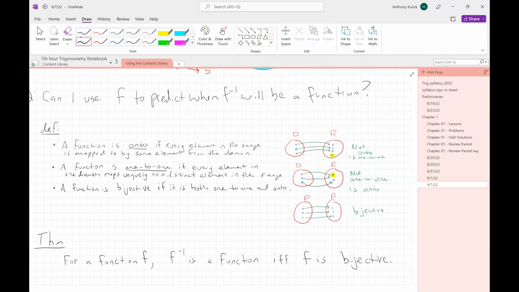So for a function f, we can say f inverse is a function if and only if f is bijective. So if my function f is one-to-one and onto, then its inverse is going to be a function.